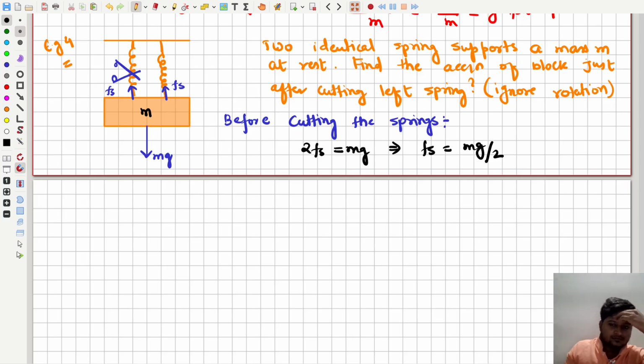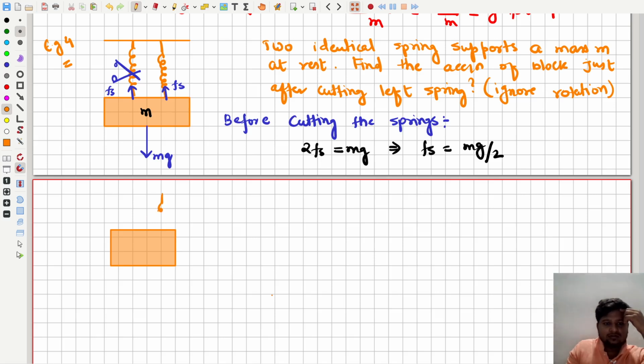Clear? Now, what will happen if you cut the spring? So if I draw the FBD now, then after cutting the spring, I will have only one spring attached. Chances of rotation are very much likely over here, but we will ignore that.